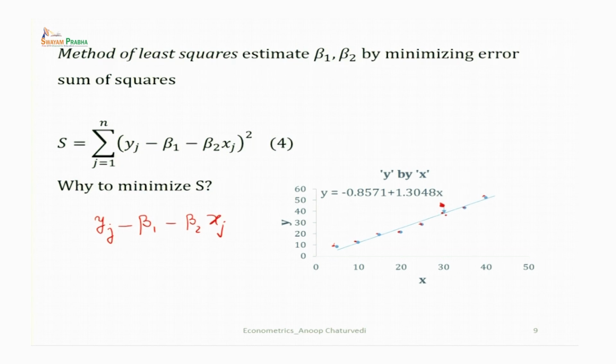And why are we interested in the distances parallel to the y axis? Remember that your main focus or your main objective is to predict the value of y. So, that is why you want to minimize the distances between observed and predicted or expected values of y.